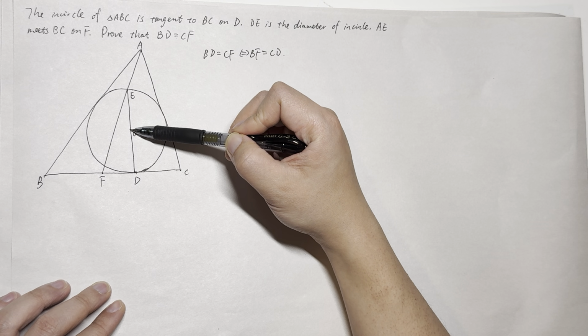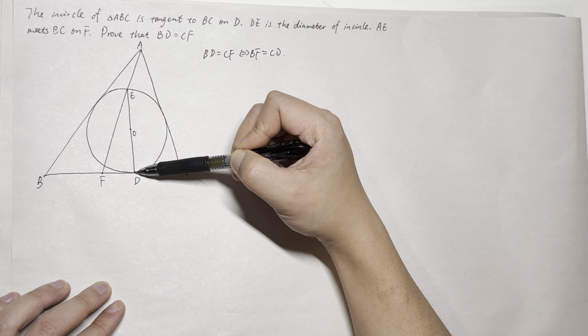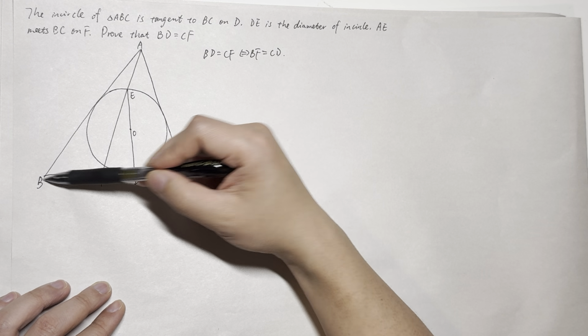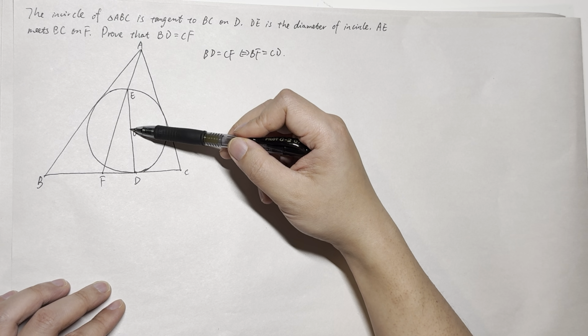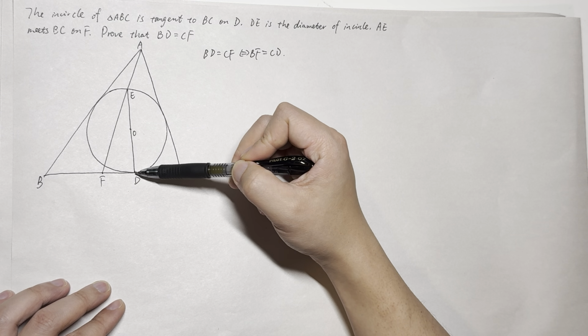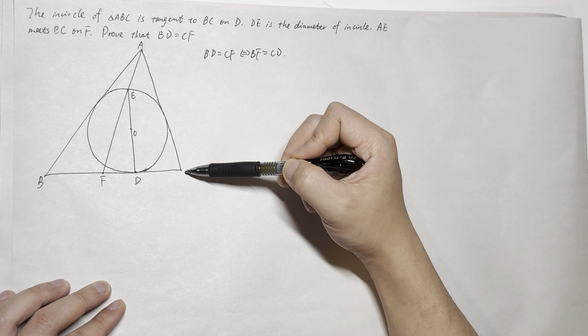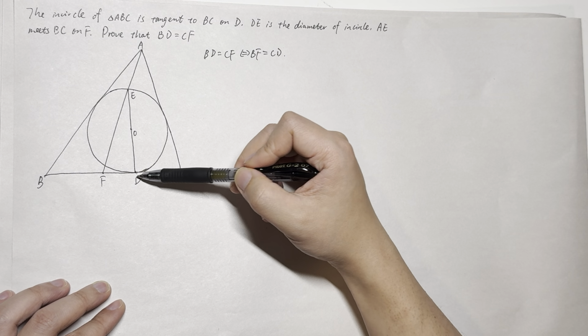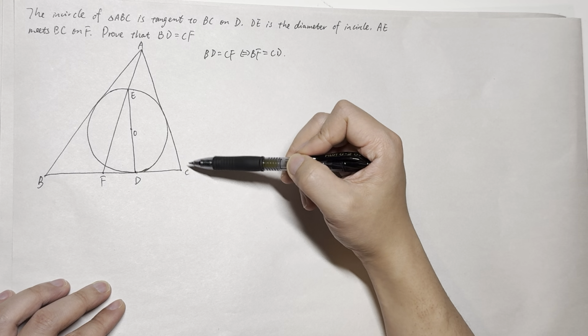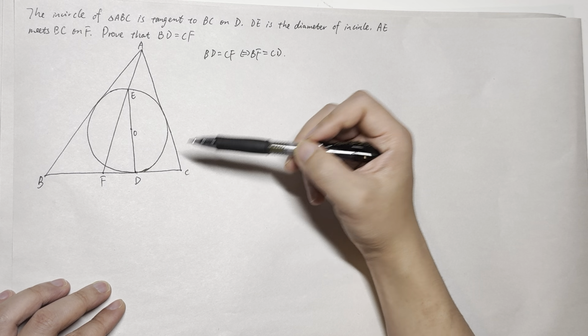So we connect the incenter and the tangent point, which means that OD is perpendicular to BC, right? And we find the tangent point, and then we capture the distance of the CD, that's from the tangent point to a vertex.